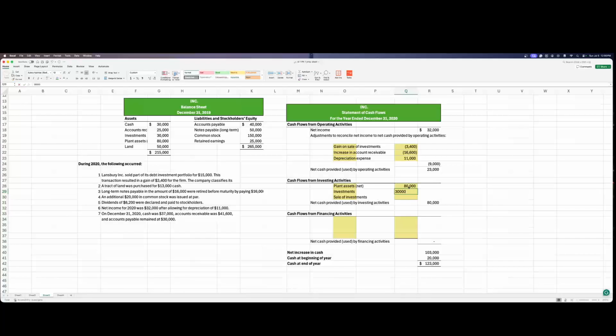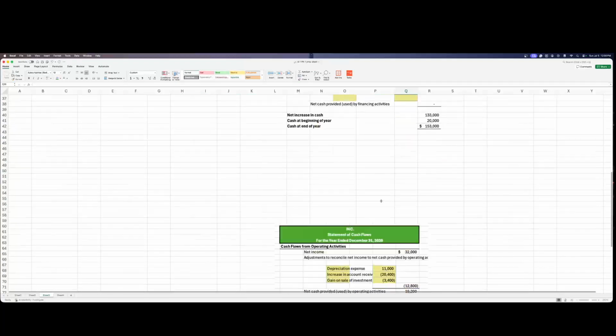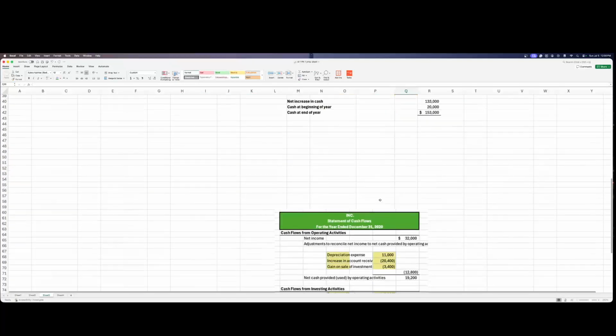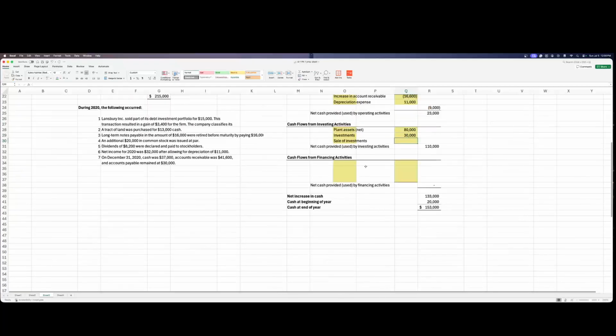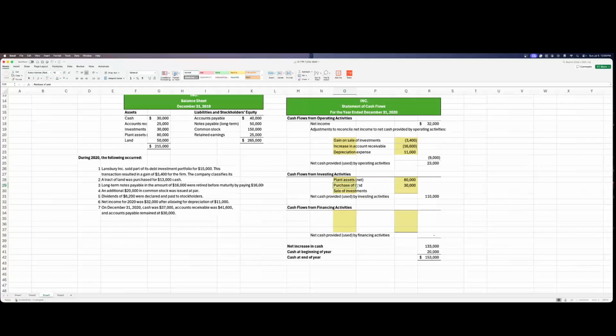Investments, 30,000. Sale of investments. Purchase of land. Sale of investments.